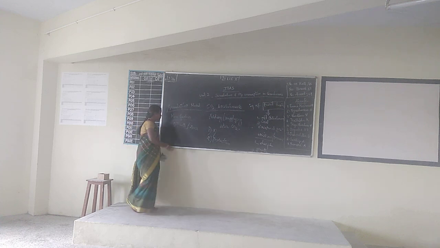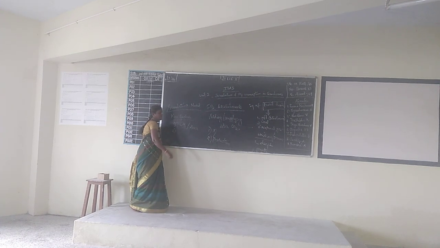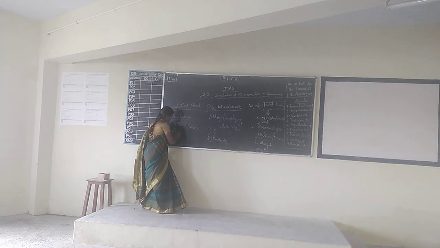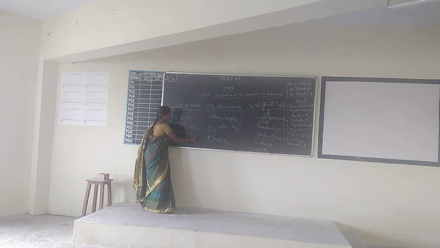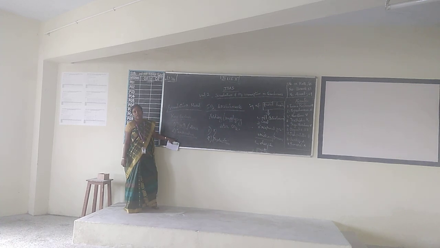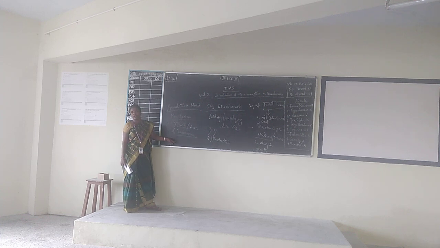And then the next one is about the temperature. Due to the temperature, is there any change in the CO2? Is there any connection between the temperature and the CO2?